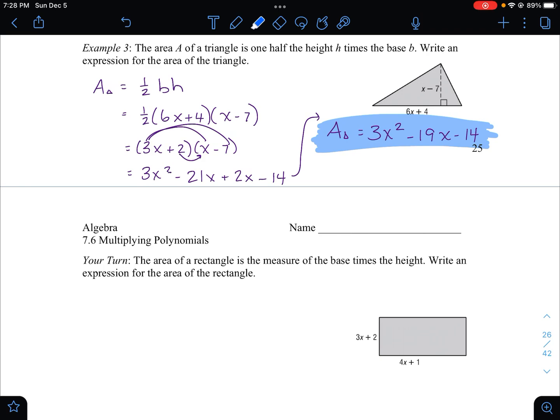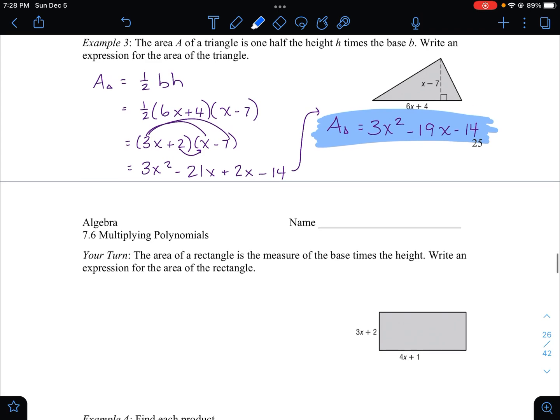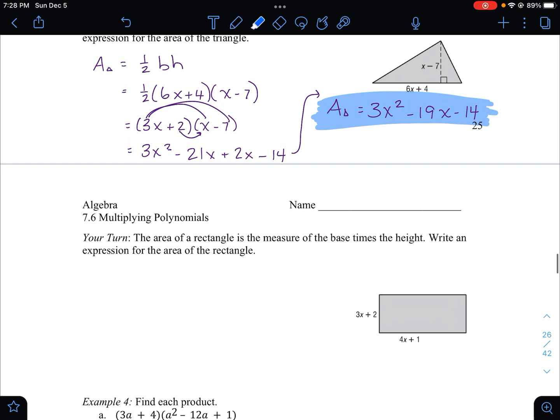All right, you can try the your turn. It's very similar. Hopefully you all know. Oh, it already tells you the area of a rectangle is base times height. So you guys should be good to go on that one. So pause the video and try that one.